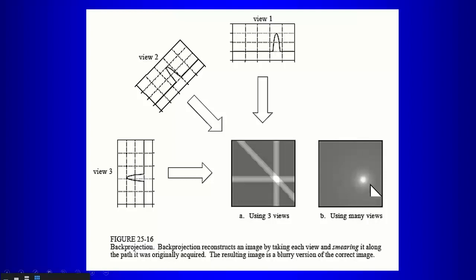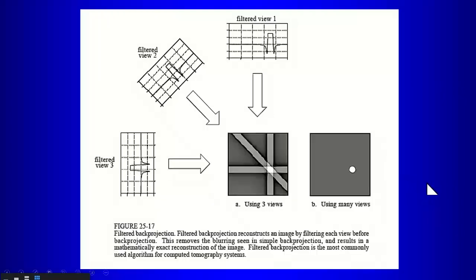But here the disadvantage is, notice that there are these areas still of higher attenuation surrounding the object. So this is simple back projection, right? For CT, we use what's called filtered back projection. What that does is they drop the signal artificially, so they filter it to drop the signal just at the edges of the object.